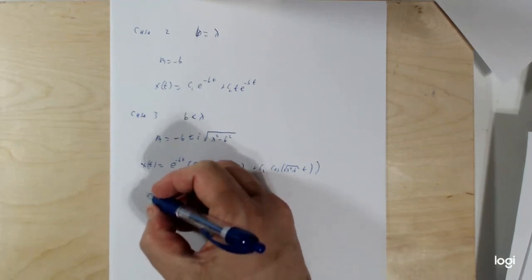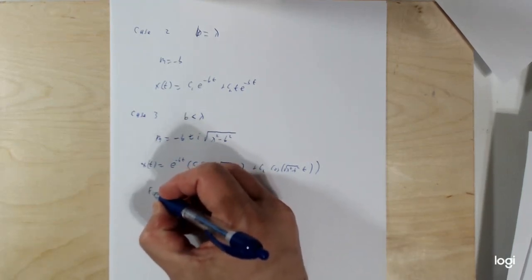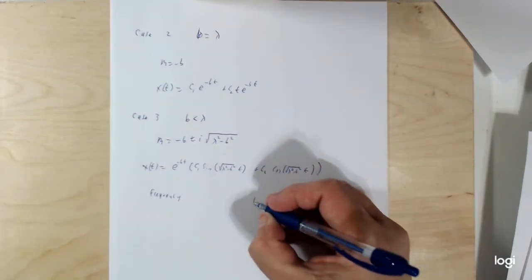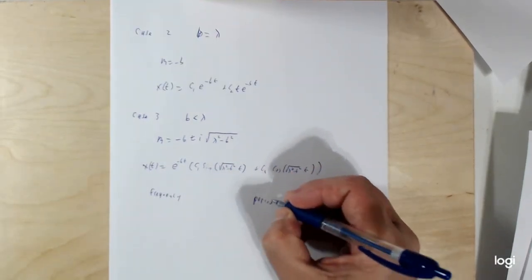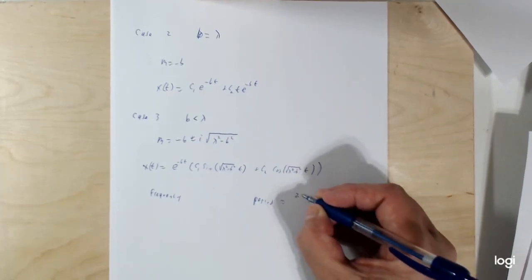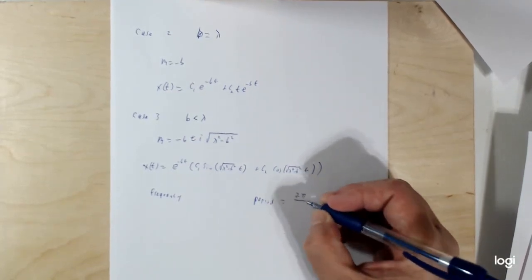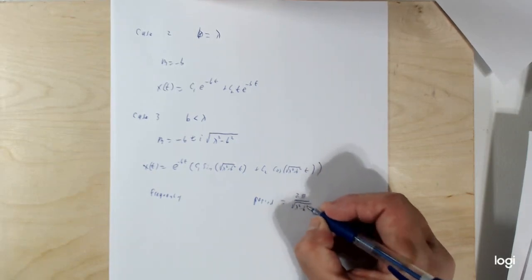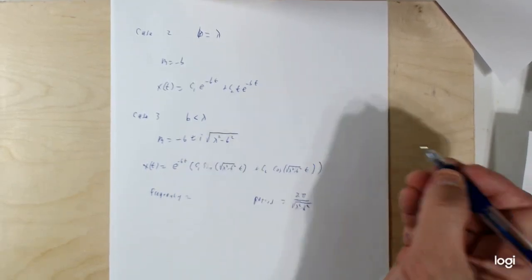So our frequency and our period, well, this is 2 pi over square root of lambda squared minus b squared, and of course the reciprocal here.